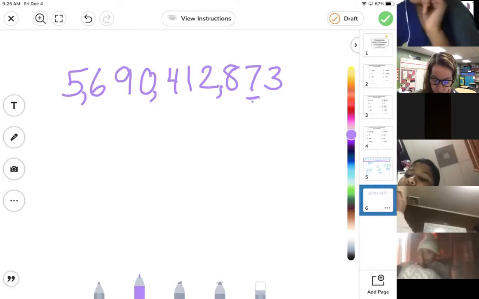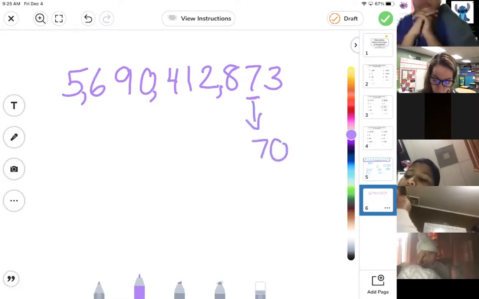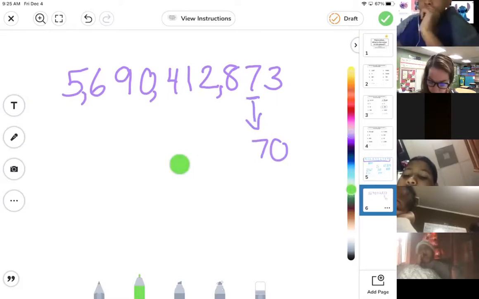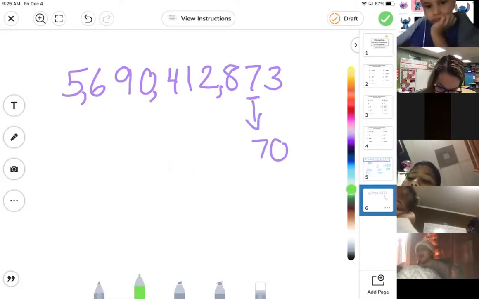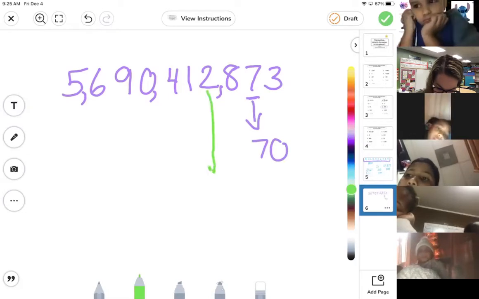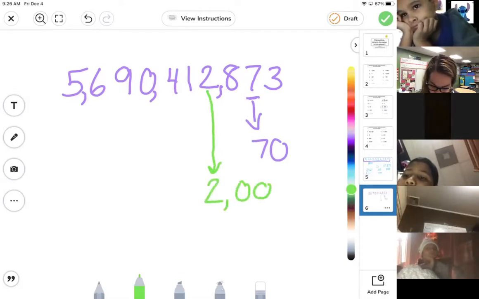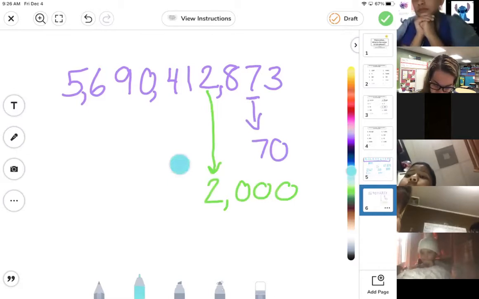Very good. That 7 is the value of 70. Xavier, you're next, honey. What's the value of this 2? 2,000. Very good. Simon, you're up next. What is the value of this 8?